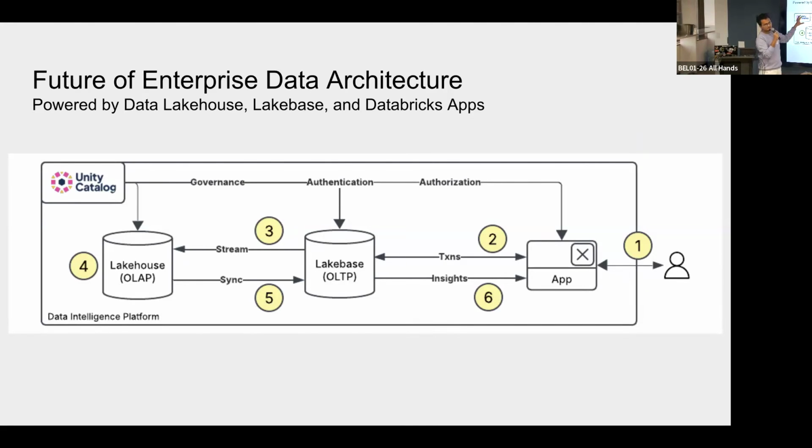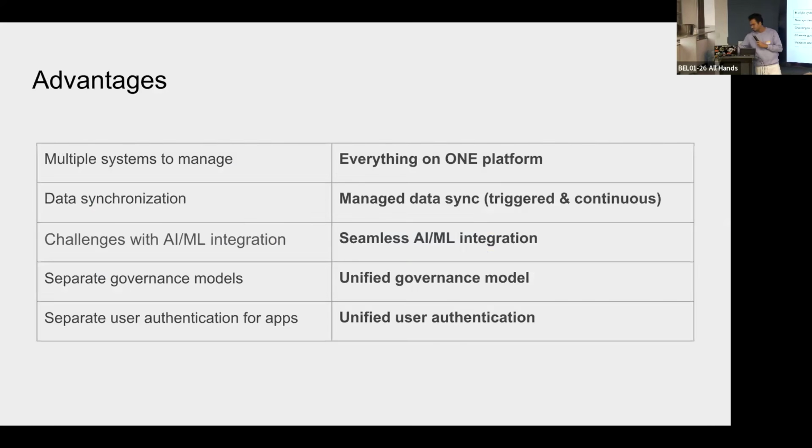With a single governance model, you are taking care of Lakehouse, Lakebase, so basically OLAP, OLTP, and the application layer. You don't need three different governance layers. Similarly, all these three things are now being developed and deployed under one single umbrella, that is your intelligence platform. So you don't have to manage three different systems. You don't have to worry about any of the other things.